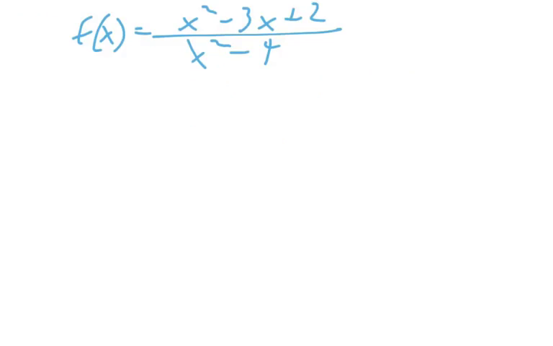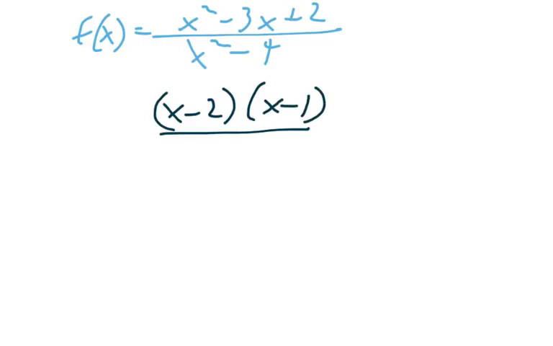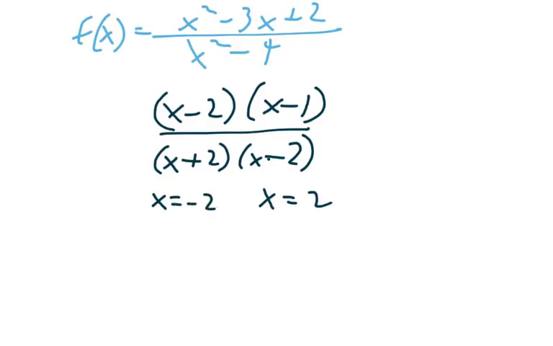Alright, so for this next problem we need to find the discontinuities, and in order to do that I'm going to factor the top. Two numbers that multiply up to be 2 and add up to negative 3 are negative 1 and negative 2. To factor the bottom we got x plus 2, x minus 2. So x equals 2 and x equals negative 2 will be the discontinuities.